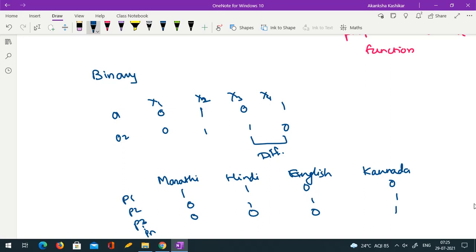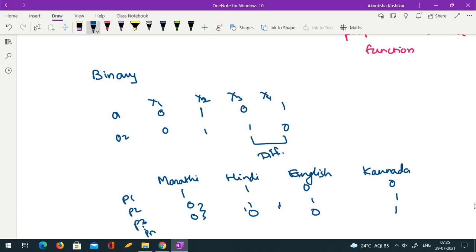If I say that this is a 0-0 match, so these people are similar up to some extent, then yes, they are. But depending on my purpose of grouping, this 0-0 match may not be of use to me. Why? They don't know Hindi, they don't know English.